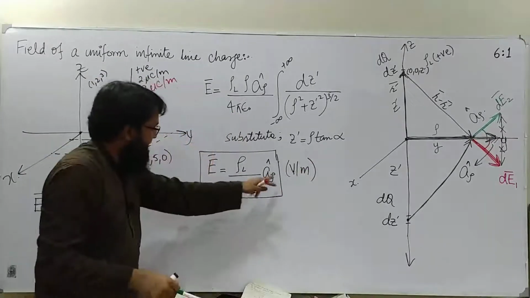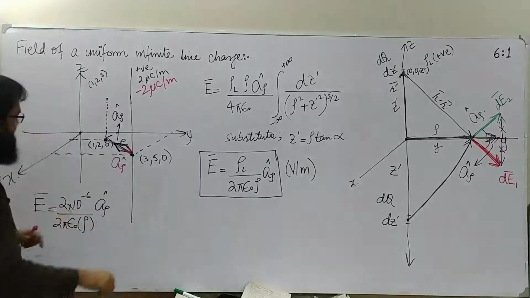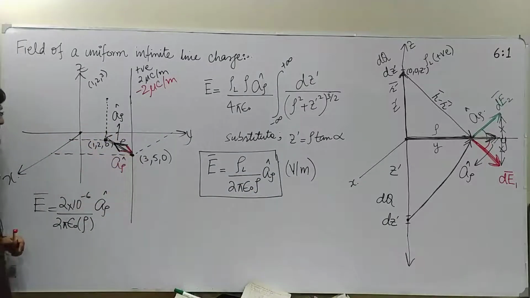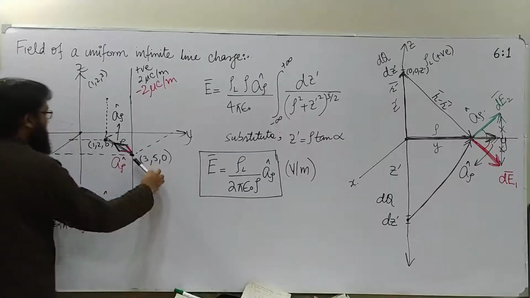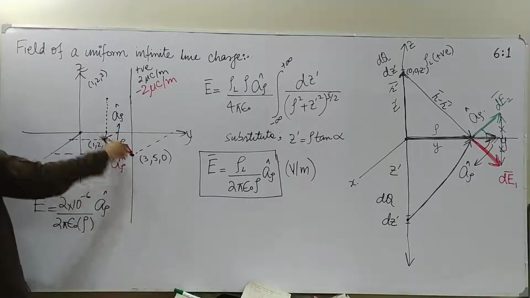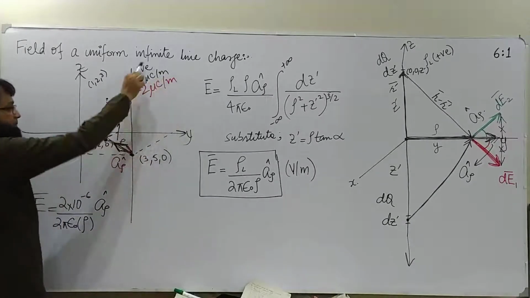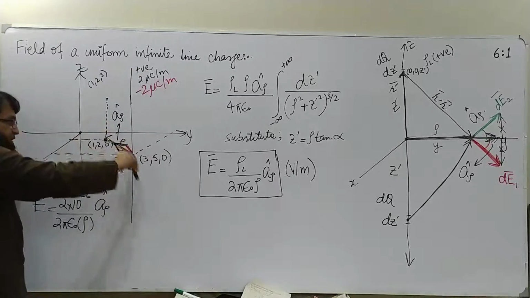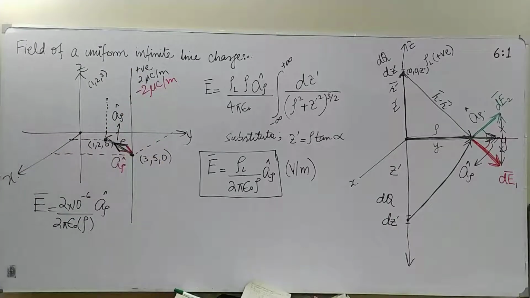And arrow is a unit vector along that perpendicular, pointing away from the source if the line charge density is positive, and towards the source if it is negative. So this is how you find the field of an infinite uniform line charge density.